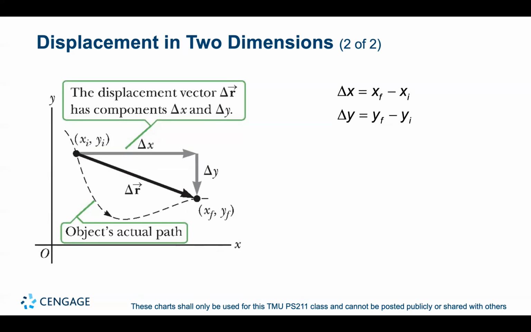And so the displacement vector's components delta x and delta y are shown in the figure for an object that moves from the initial location to the final location in a time interval of delta t. And so the x component of the object's displacement is delta x right there, and the y component is delta y.